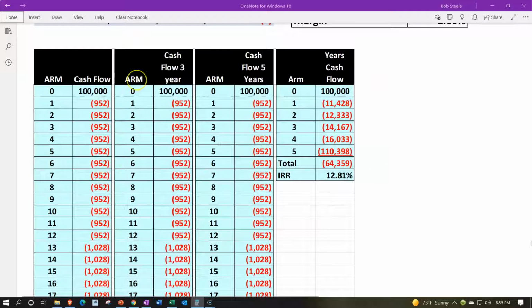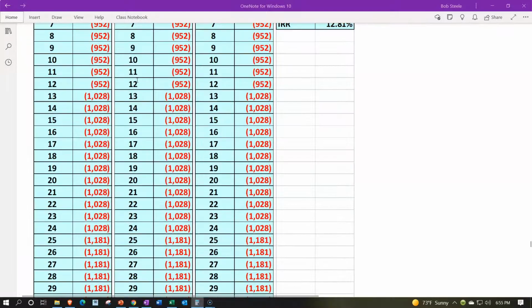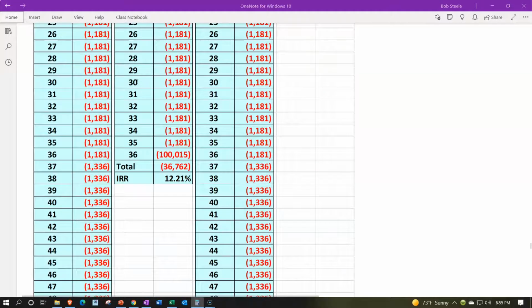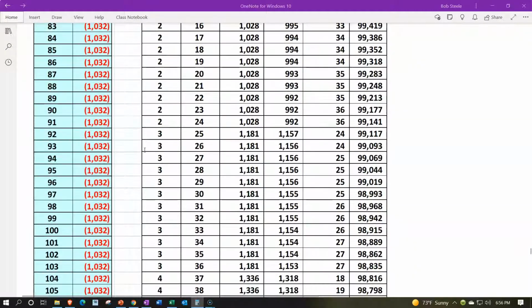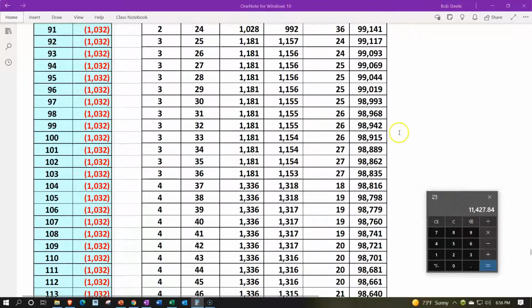Then we have the next one, which we might want to do like for 3 years. So we might say, what if I'm planning on getting out in 3 years? That means that we'd stop at 36. If we did so, we'd have to pay off the ending balance at that point. So if I look at my table for 36 periods, which is 3 times 12, we would then get down here. So we'd have to pay off that 98 right there.